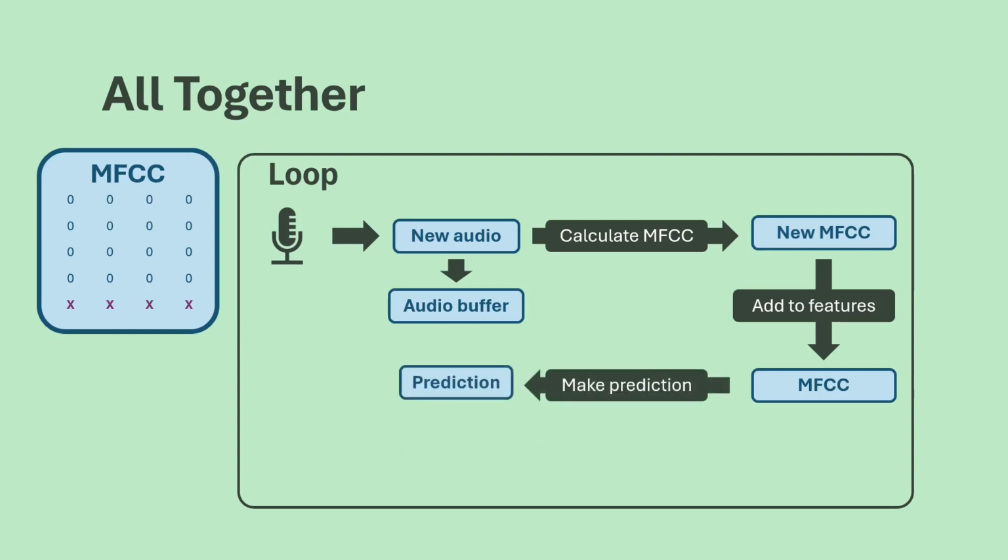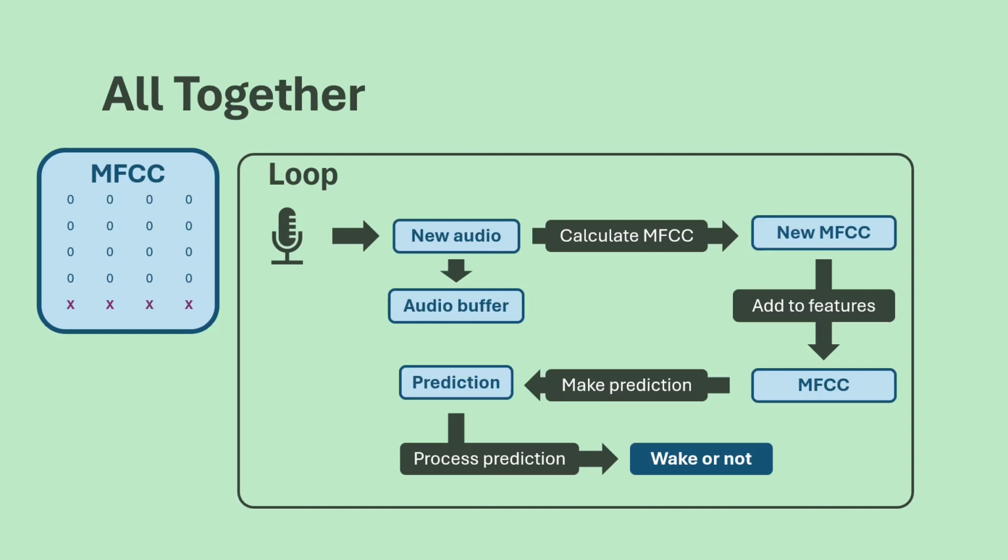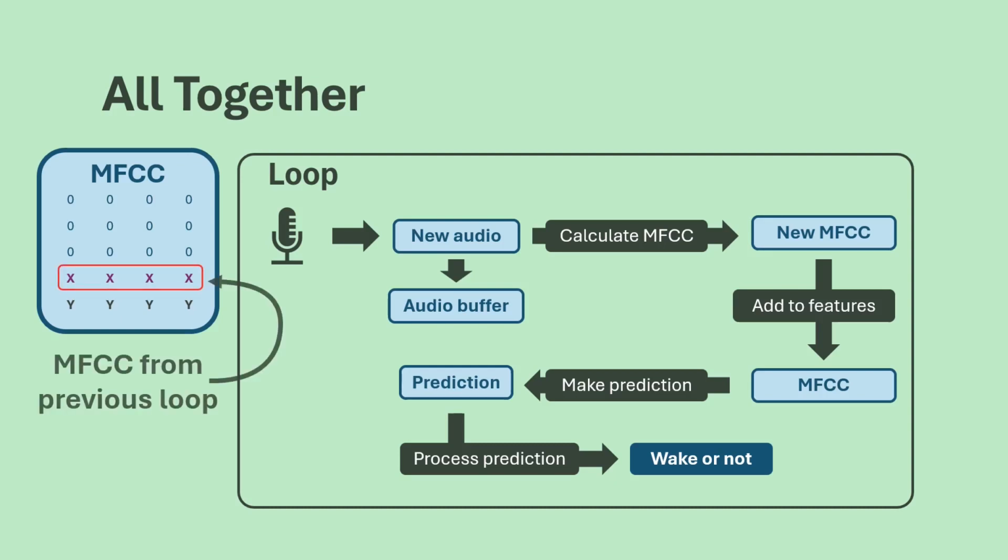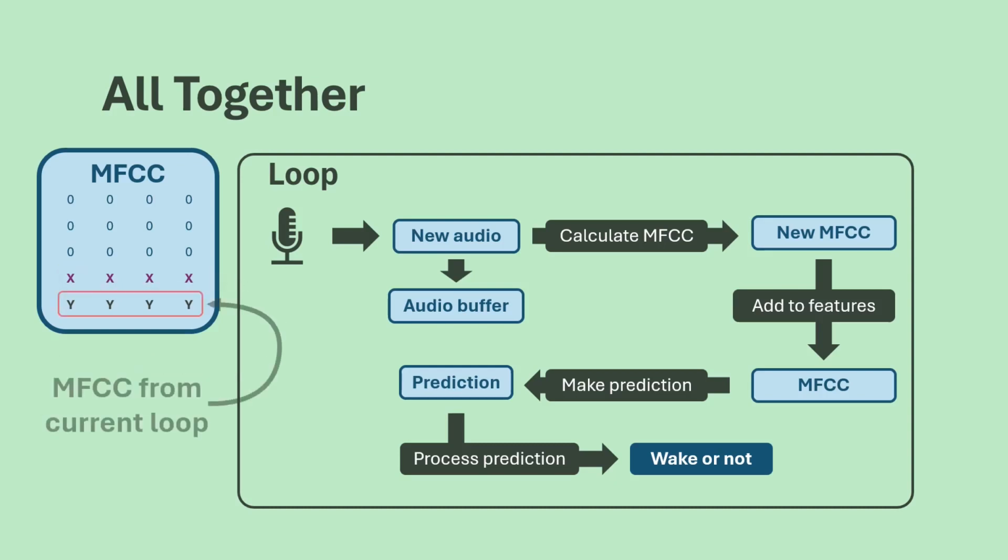This is going to be a floating point number between 0 and 1. Finally, we compare that prediction to other predictions to figure out if this should count as a wake. Then we repeat the process. Each time we get new MFCC values, we push back all of the values in the feature matrix. So we delete the oldest values and put the new values in at the end.